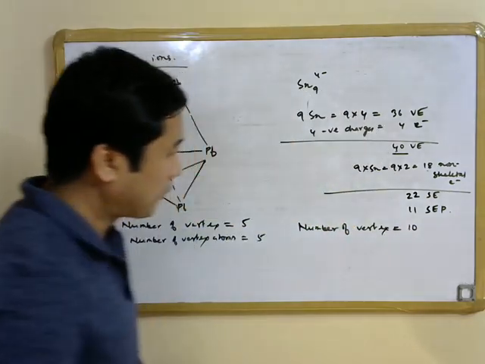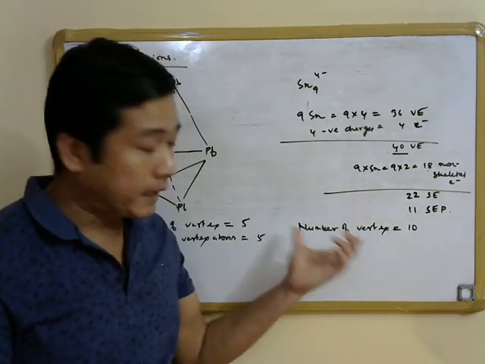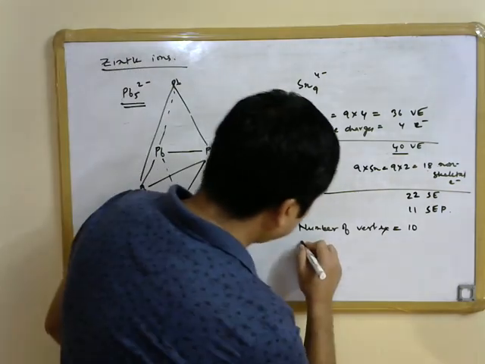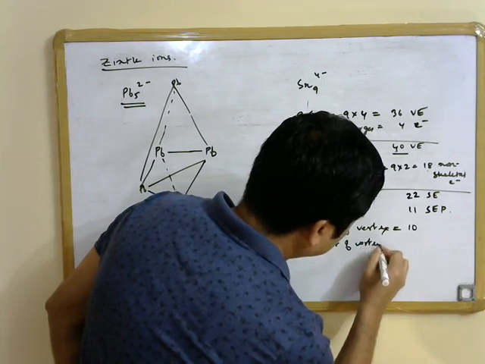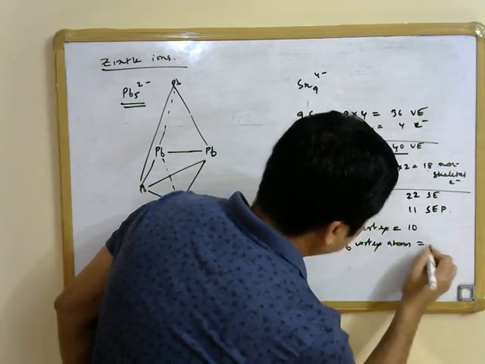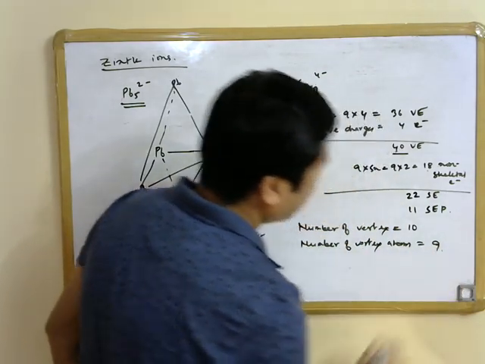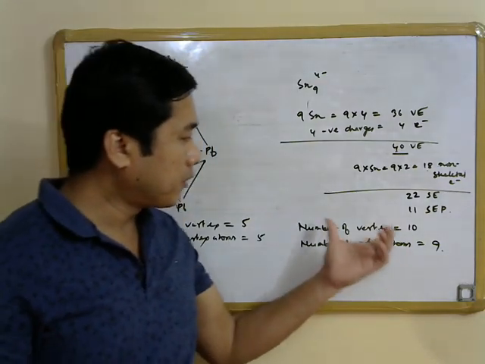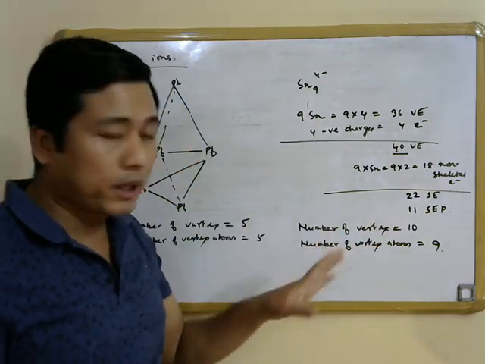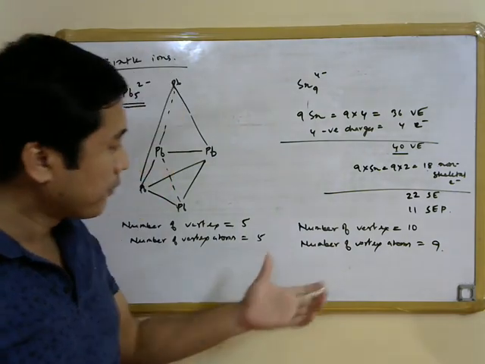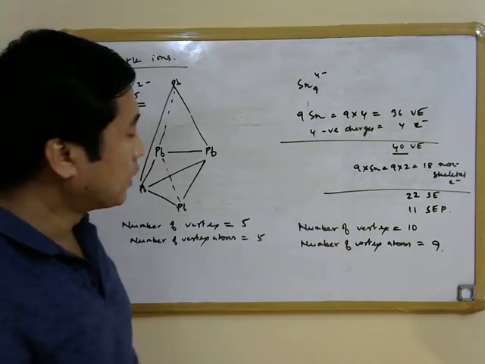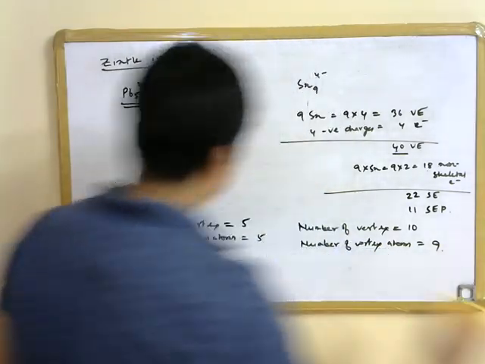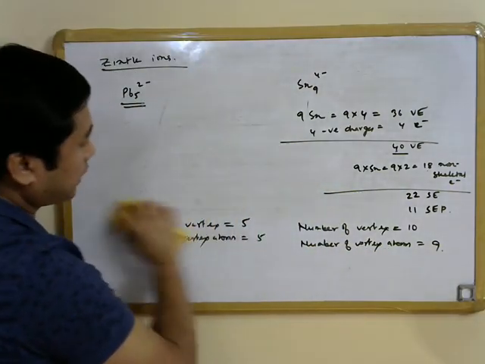So now we know the number of vertices is going to be 10. The structure is based on a decahedron here, and the number of vertex atoms is equal to 9. So only 9 of the vertices are occupied by the tin centers, while 1 of the vertices is left empty. That is why the structure can be classified as a nido cluster, and we can draw the structure.